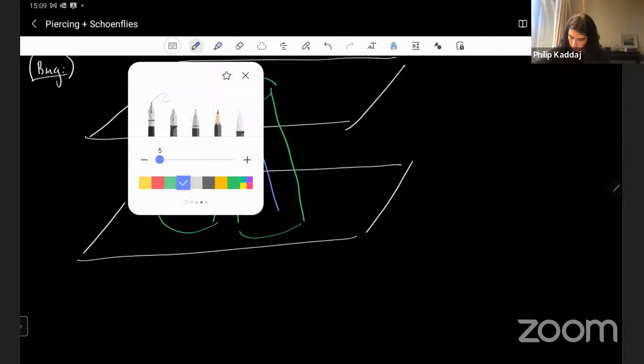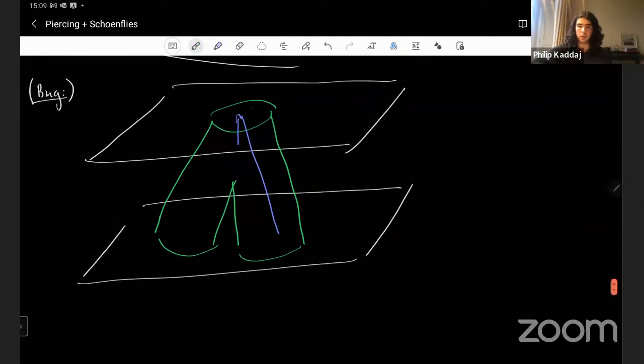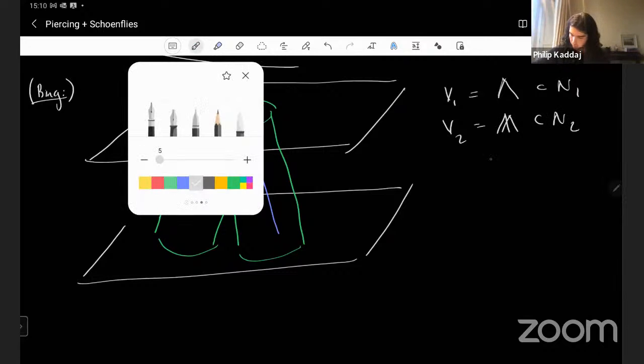So I'll denote V1 to be the union of two sticks with a shared endpoint, N1 to be the tubular neighborhood of this, V2 to be these two hooked segments, and N2 the tubular neighborhood, and so on.